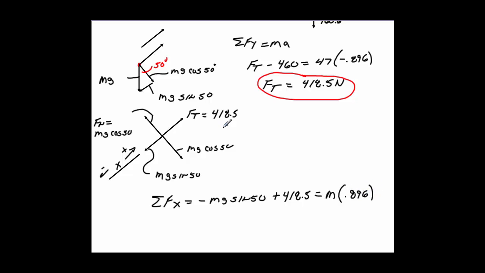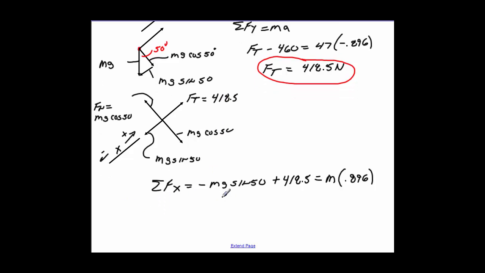I'm letting that be positive here because we've determined anything that goes this direction is positive. Move this to the other side. So now we get 418.5 is equal to m times 0.896 plus m times 9.8 times sine of 50.